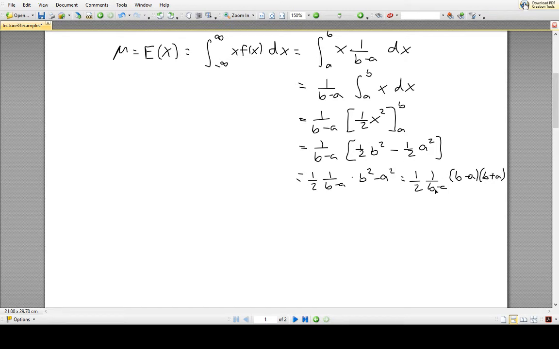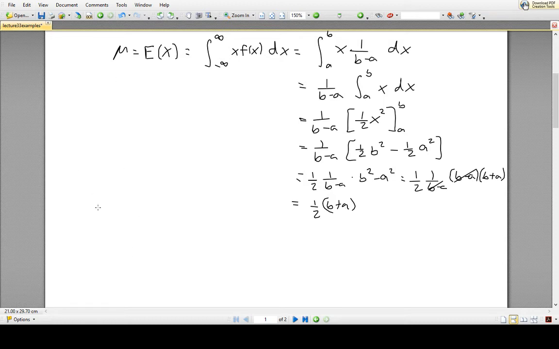The b minus a cancels out, and we're left with the expectation value of the uniform probability density function being 1/2 times b plus a.